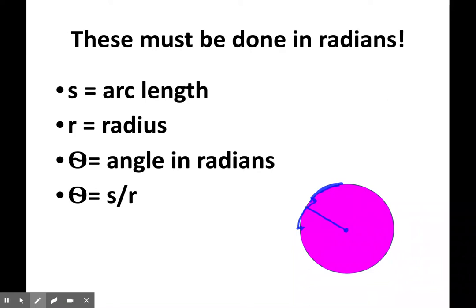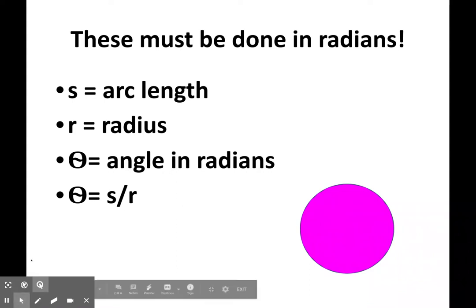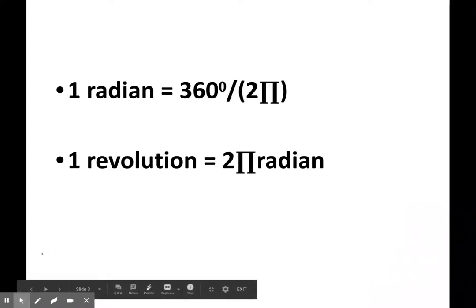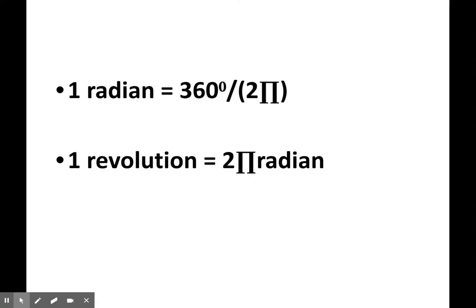So if we have an arc length, let's say here is the length that we want to measure. Here is the radius. The angle we would find by S over R. You will need to know how to convert between radians and degrees or revolutions and radians.